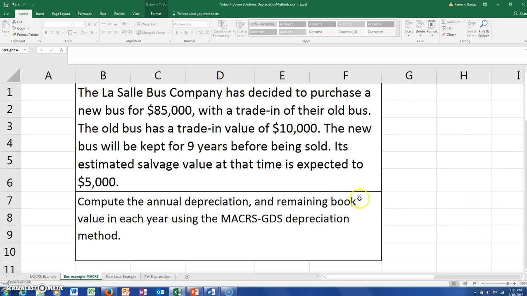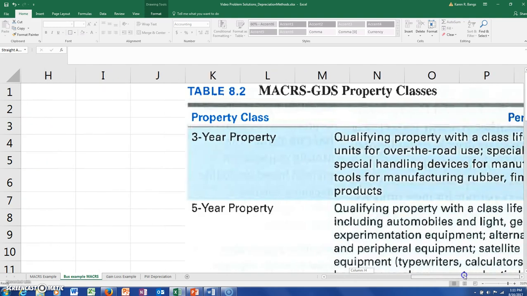So we know that even though we're going to use the bus for 9 years, that may or may not be what we're going to depreciate it over. Take the $85,000 or whatever we decide our cost basis is across. So we have to look up in the tables again, where does a bus fall in the property classes?